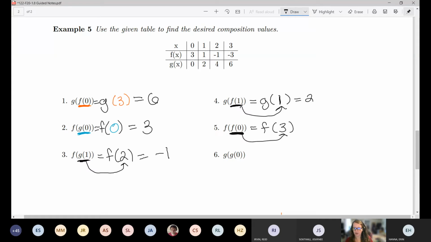And then we're asked to find f of 3, because we're working inside out. F of 3 is negative 3. G of 0 is coincidentally 0. And then we also want to find g of 0, which is also coincidentally 0.